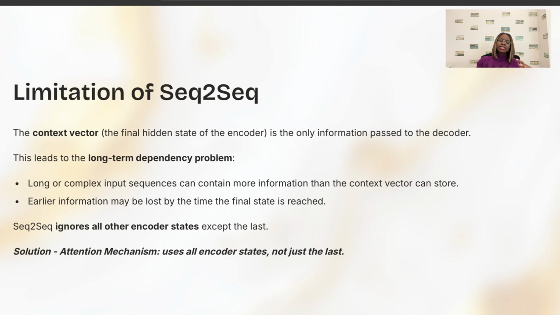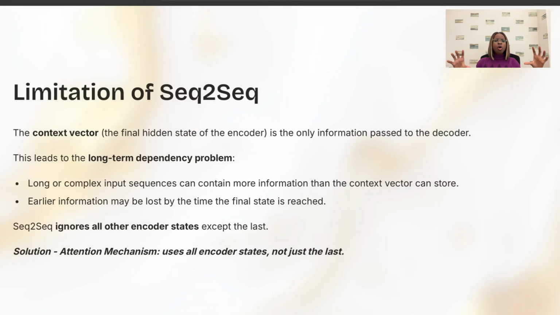And this leads to what is called a long-term dependency problem. Many times the context vector might have lost some information it receives, especially when it's a long sequence of time steps of data.